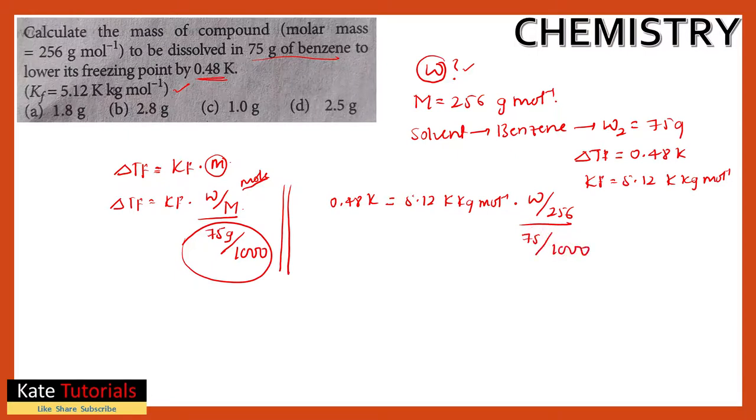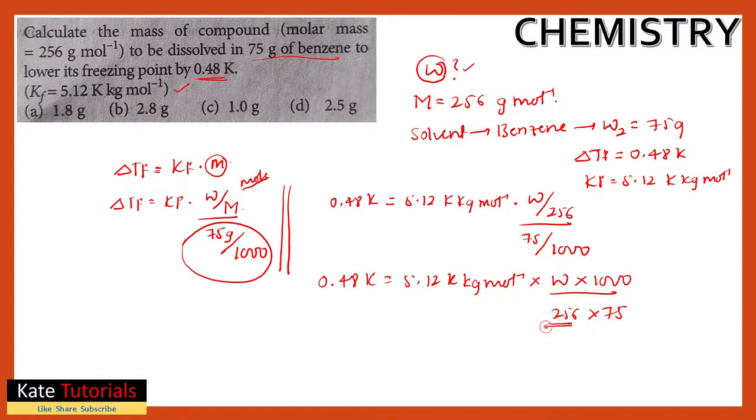So I will rearrange it. What I will get is 0.48 Kelvin equals 5.12 Kelvin kg per mole into W into 1000 divided by 256 into 75.